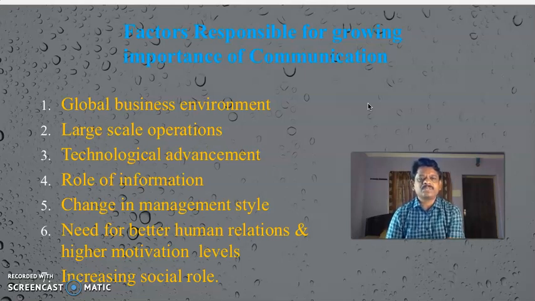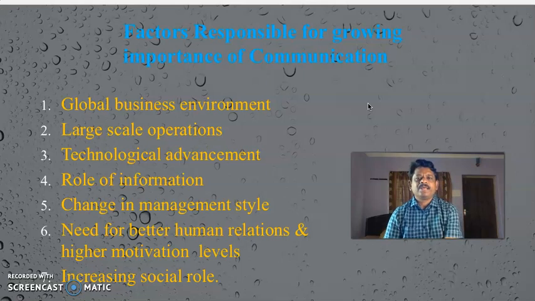Communication is the most important dimension, because you need to work with people, and your communication is going to determine the success or failure of your business. That shows the key role of communication in the present context.